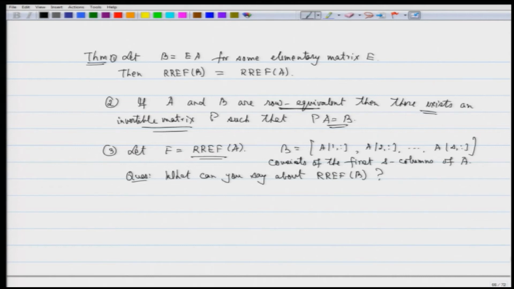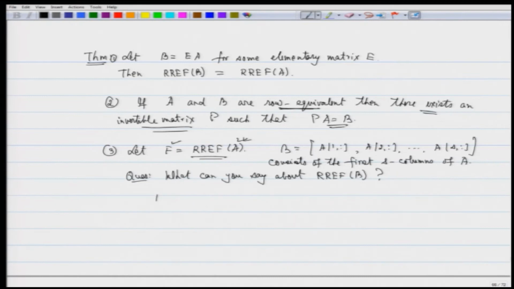I know that RREF of A is F, and B is nothing but the matrix which comes as the first S columns of A. What I am doing is that I have an augmented matrix, and I am just looking at the coefficient part, forgetting about the right-hand side in some sense.